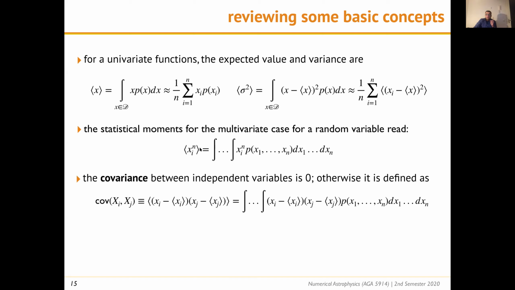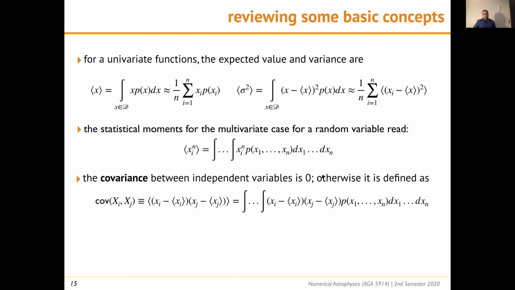But if we have a given number of random variables, there is a fundamental thing that some of you who work with data analysis might have stumbled upon, which is the covariance. You might have heard the term covariance matrix or something like that.